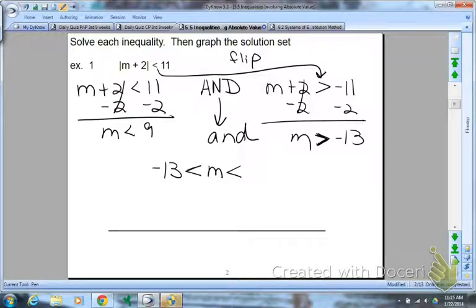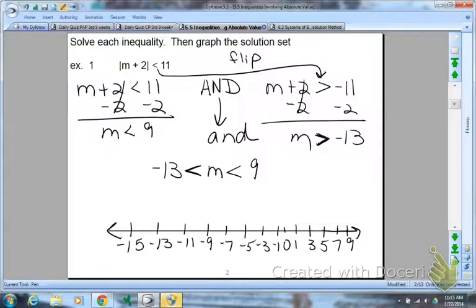It is still pointing to negative 13. It's open to the 9. It is still open to the 9. So how would we read this? M is between negative 13 and 9. So to graph it, it's going to be an open circle at negative 13, open circle at 9, and everything in between.